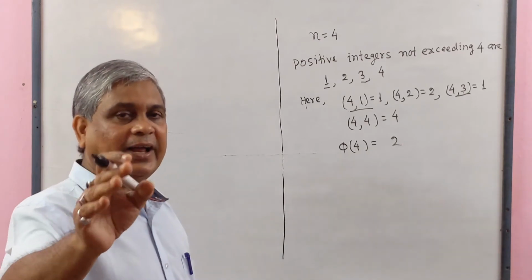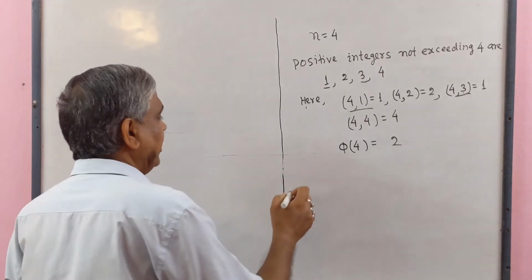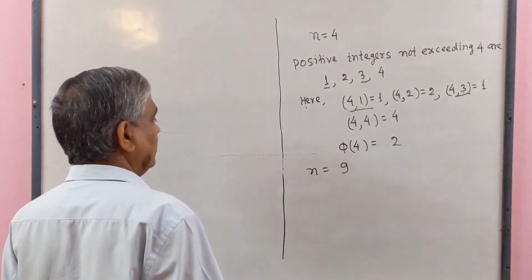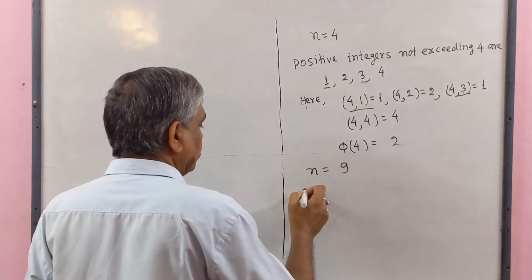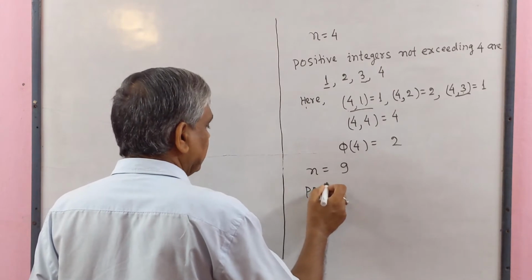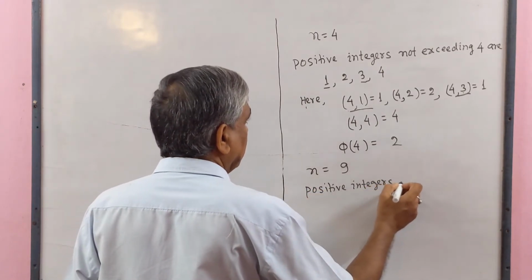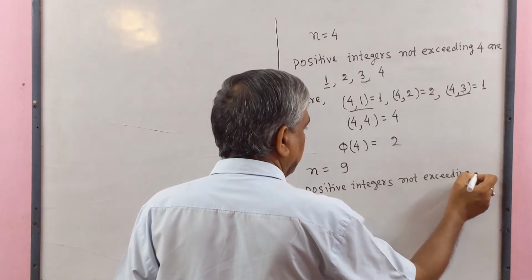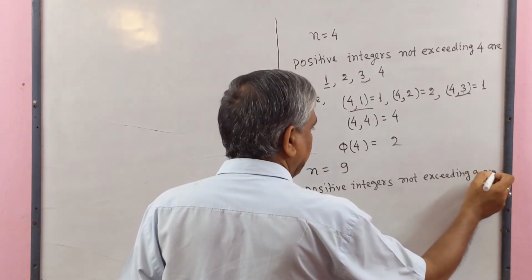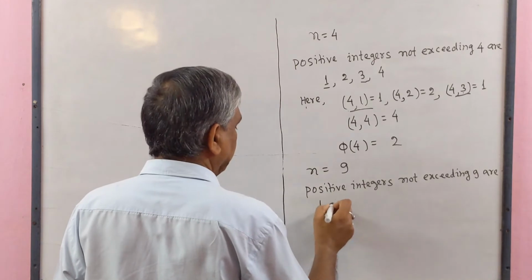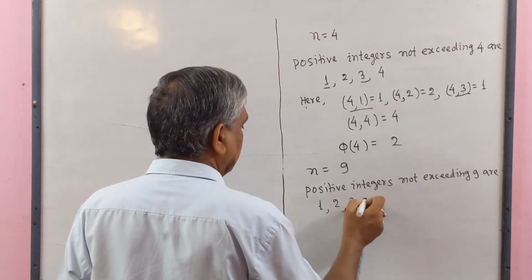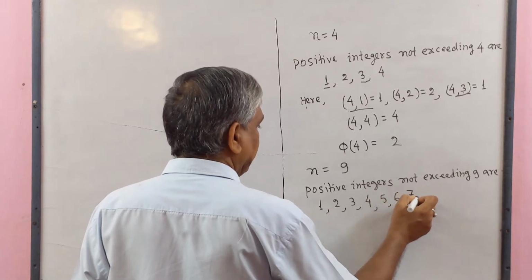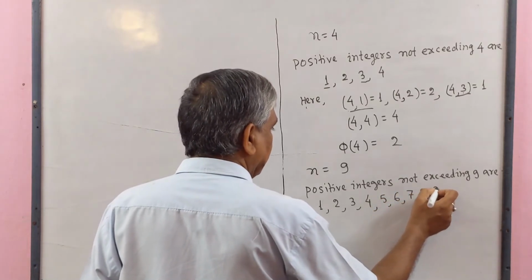Now we take another example. Let n equal to 9. Positive integers not exceeding 9 are 1, 2, 3, 4, 5, 6, 7, 8, 9.